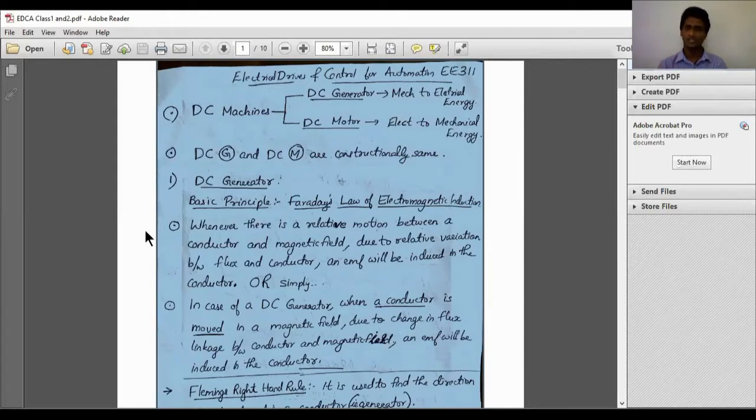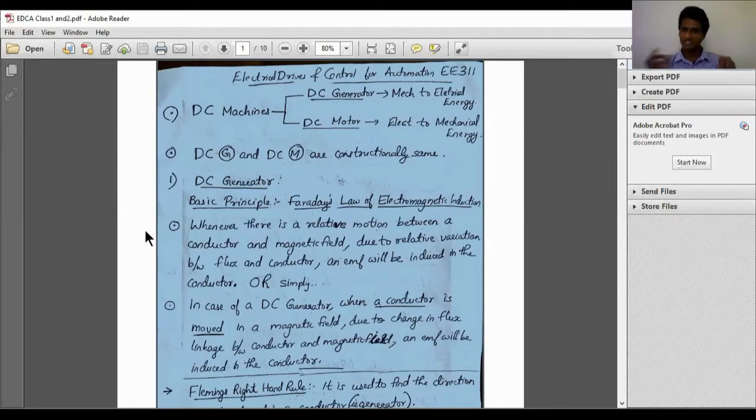Okay, what is flux linkage? When a conductor is placed in a magnetic field, the magnetic field passing through the conductor is called magnetic flux linkage. According to Faraday, if this magnetic flux linkage is changed by any means, then an EMF will be induced in the conductor.